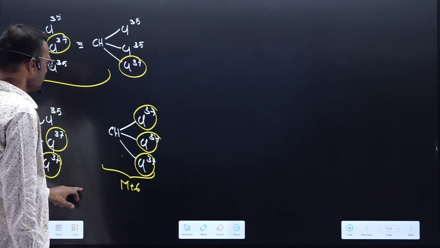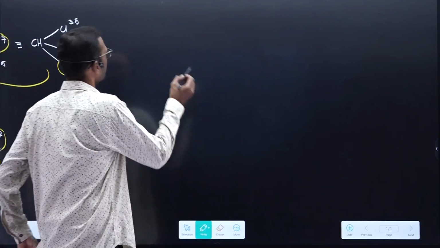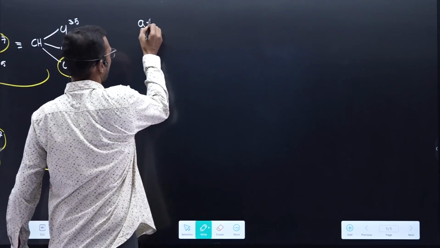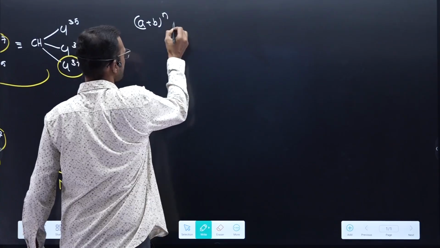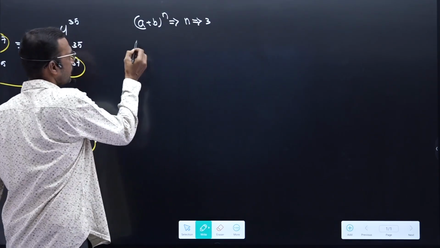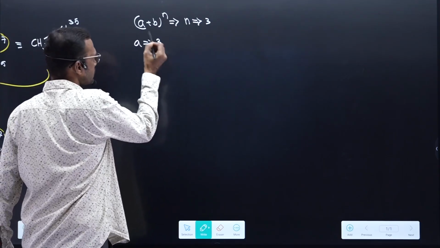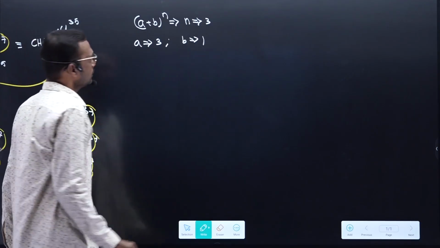Now see the possibility. Here I am applying A plus B to the power n. We know n is equal to 3 because the number of chlorines is 3. A should be taken as the lighter isotope abundance, and B is the heavier isotope abundance.